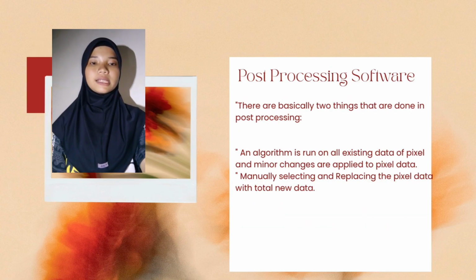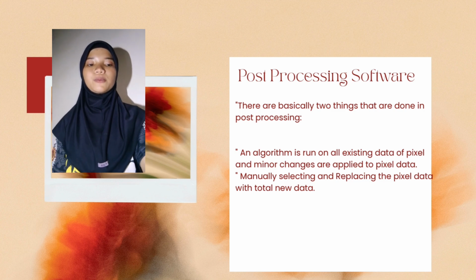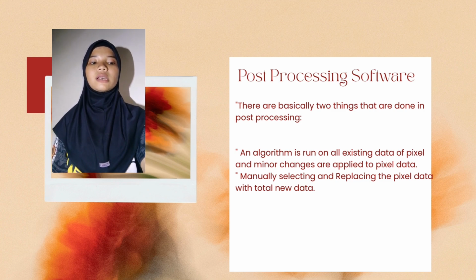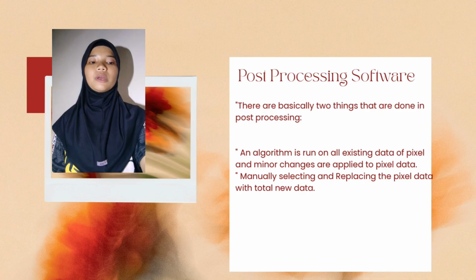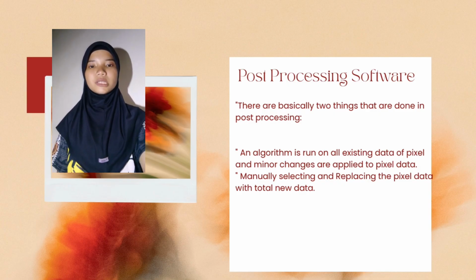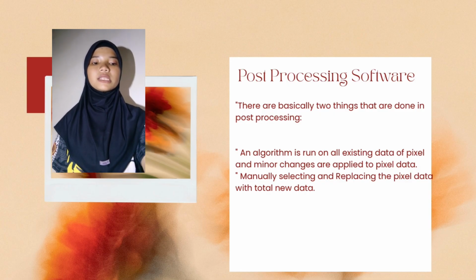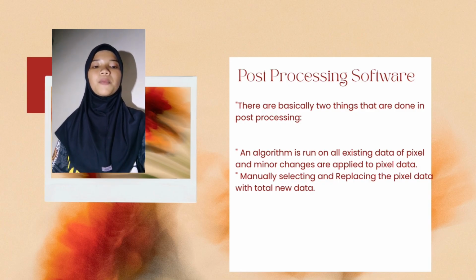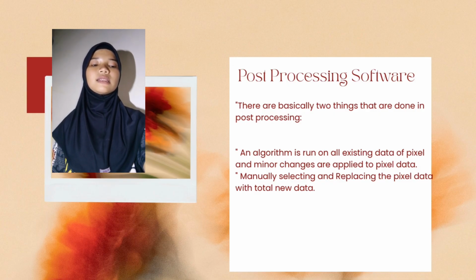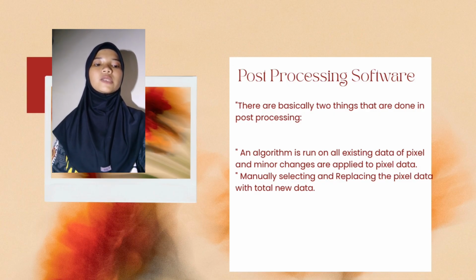So we have the next slide. Post-processing software. There are two main ways editing happens. The first one is algorithms automatically adjusting the pixel data. Software uses built-in formulas to automatically improve the image. Example, the Auto Enhance button in Lightroom that instantly fixes exposure and contrast.